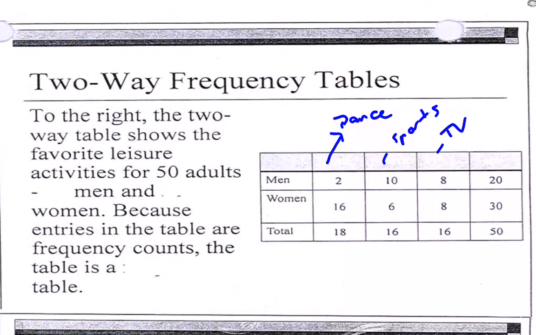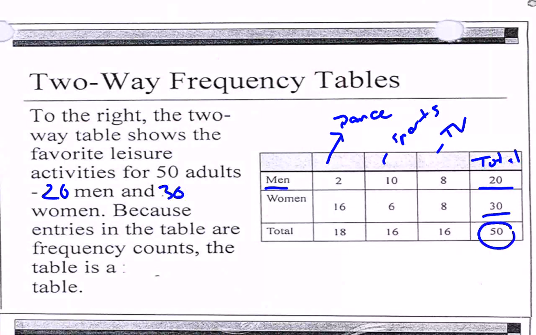Okay, so the table shows us favorite leisure activities for 50 adults. I can look in my total column and see how many men I had, that would be 20, and how many women I had, which is 30, which gives me a total of 50.